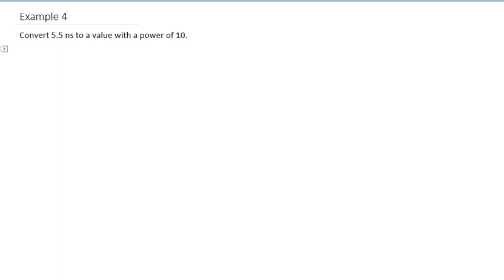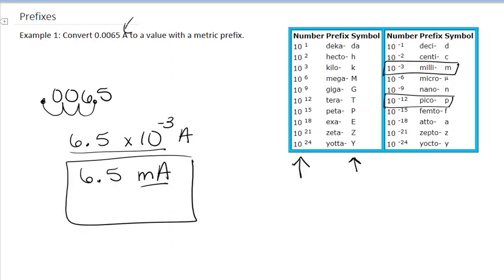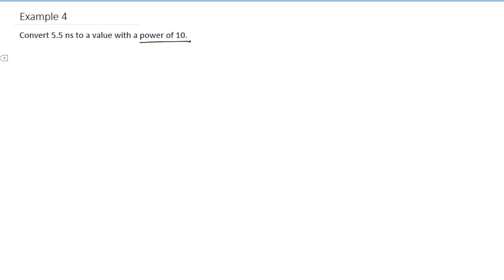Example 4. Convert 5.5 nanoseconds to a value with a power of 10. Now we go back to prefixes. We look for nano. So nano is right here. We see that it's 10 to the negative 9th. So when we go back, nano, which is n, is 10 to the negative 9th.